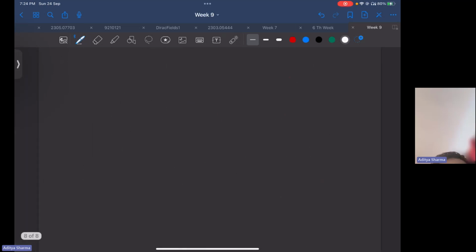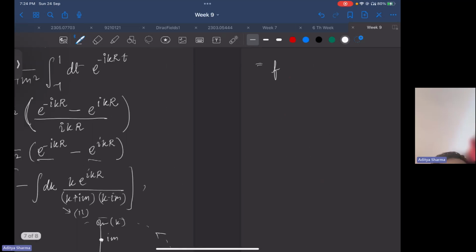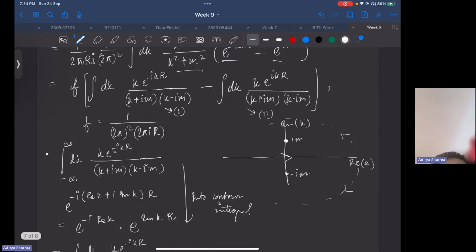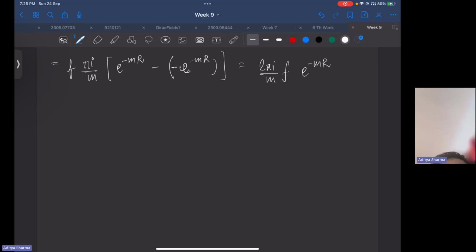Therefore, I have the integral to be f times i by m, e to the power minus mr minus e to the power minus mr. I'll get 2 pi i by m as it is minus.